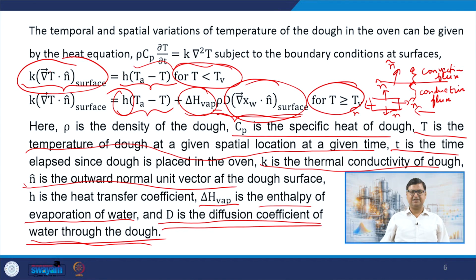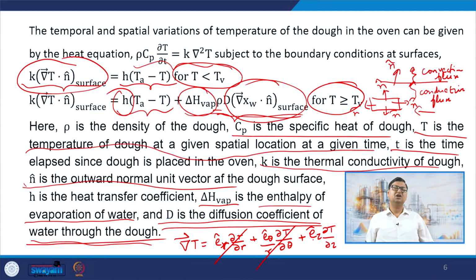Now, del T, in reality, is going to be something like e_r dT/dr plus e_theta (1/r) dT/dtheta plus e_z dT/dz, but we are ignoring the first two terms and we are left with only this, and the n cap vector for the top surface is simply e_z.